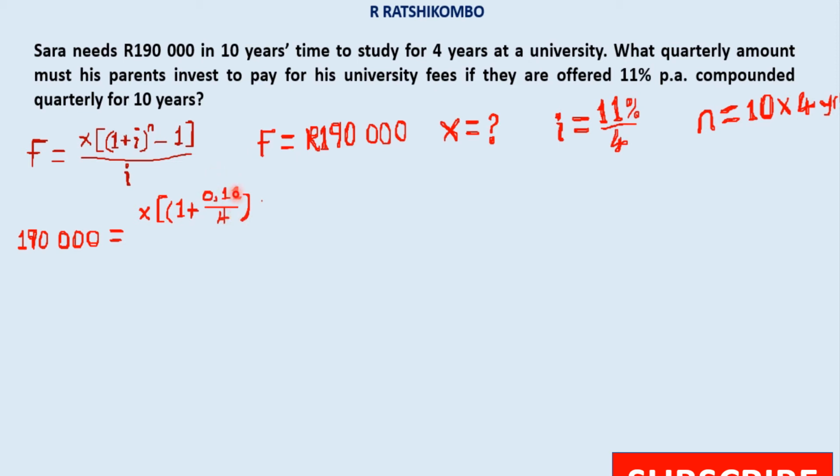So in actual sense, 0.11 over 4 is the same as 11% over 4. It's one and the same thing. So let's continue now and include n and minus 1 and also divide by I, like this, right?